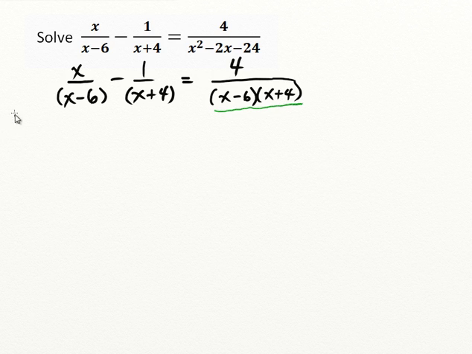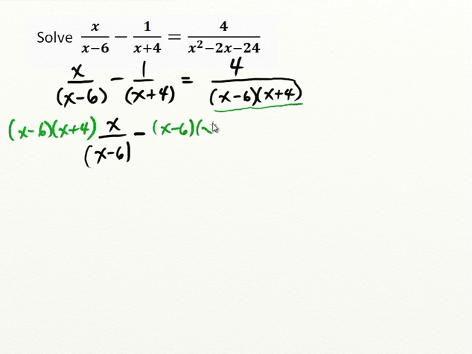So we'll start over here on the left, and we will say I want x minus 6 and x plus 4 to be multiplied by this first term, the x over x minus 6. And then I'm going to subtract, and again, x minus 6 and x plus 4, I'm going to multiply that by the second term as well, x plus 4.